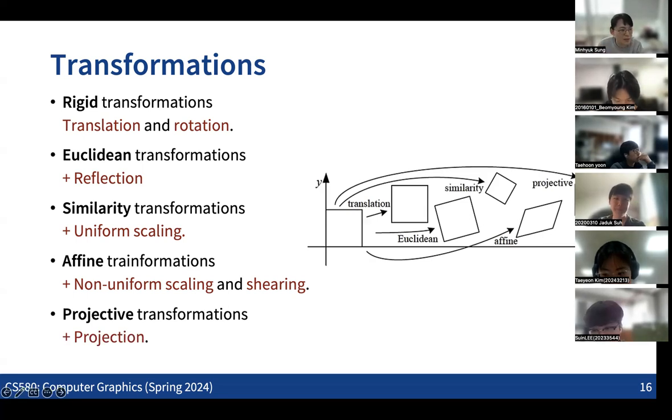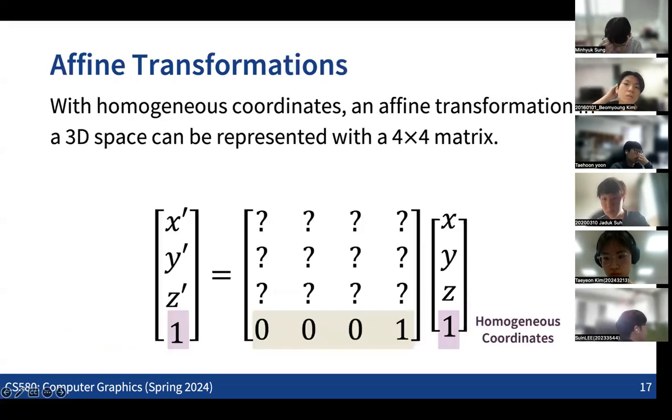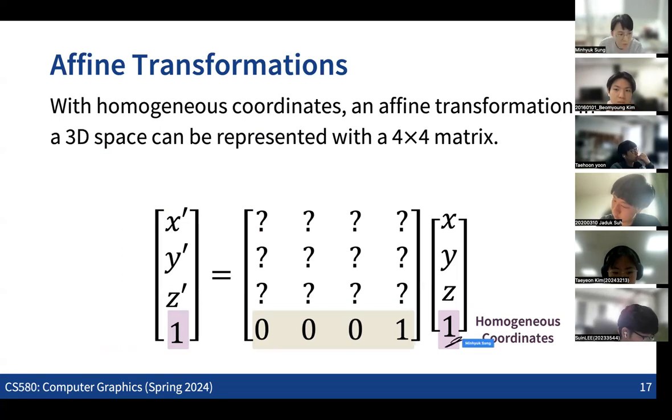But basically, the question here is how we can represent these affine transformations with numbers, in a mathematical way. The typical way that we represent these affine transformations is to use a 4 by 4 matrix and also homogeneous coordinates. So we are extending the 3D coordinate system with XYZ by adding one more number, a 1 here.